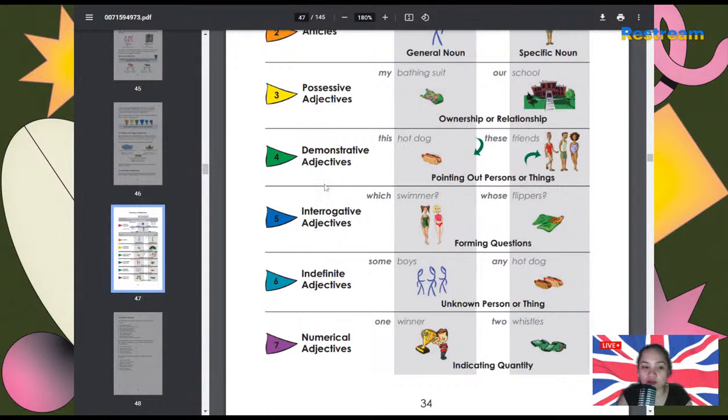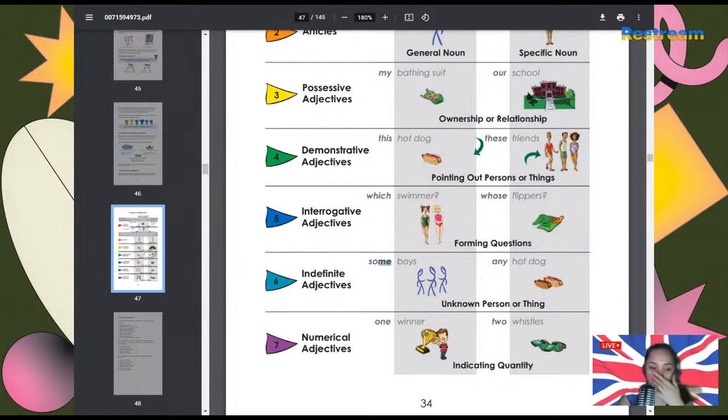The fifth one is the interrogative adjectives. We are forming questions here by using interrogative pronouns like which, whose, and what sometimes. Six is the indefinite adjectives. This one identifies an unknown person or thing that is not specific, not specific kinds of nouns, or what we call common nouns.